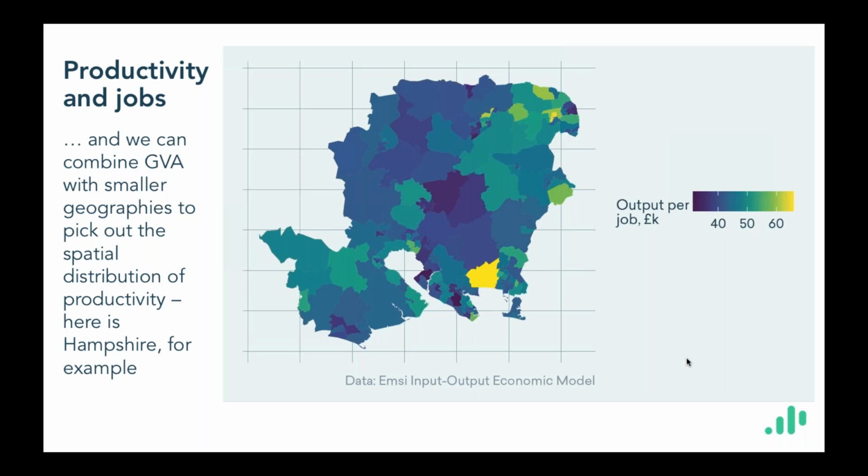And that yellow in the south by the coast is Waterlooville, where you have Kinetic based, a large and very productive defence R&D company. So you can start to understand how you can unpick a local geography to understand productivity at that level.